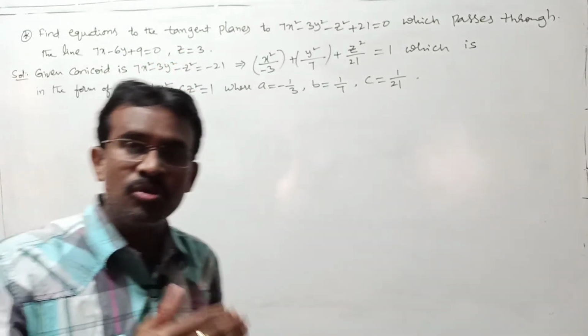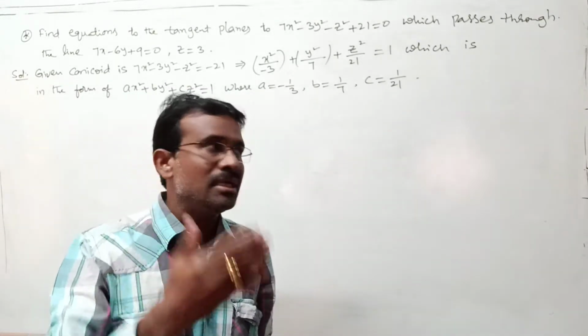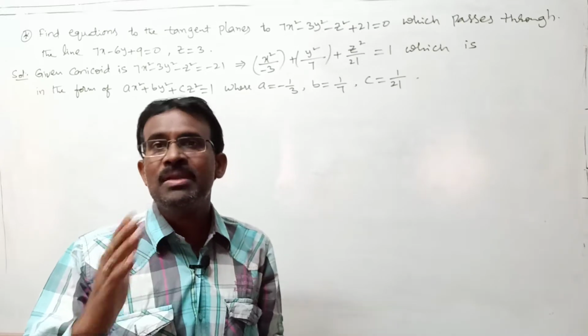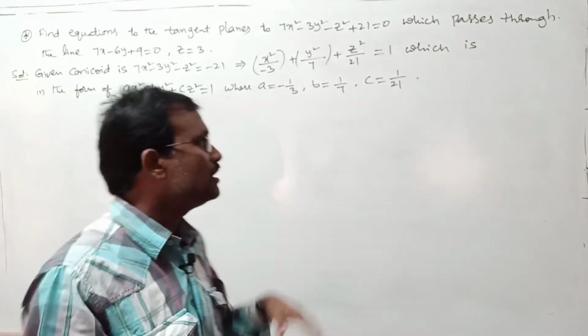If P = 0, Q = 0 are two planes, then a plane passing through the intersection of those two planes is P + λQ = 0, where λ is unknown. That condition I am using here.